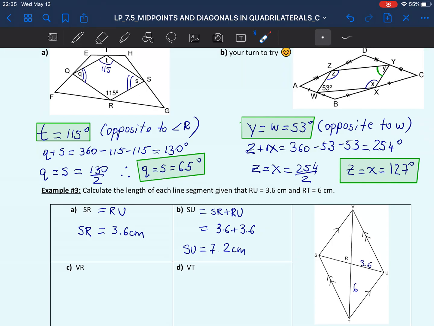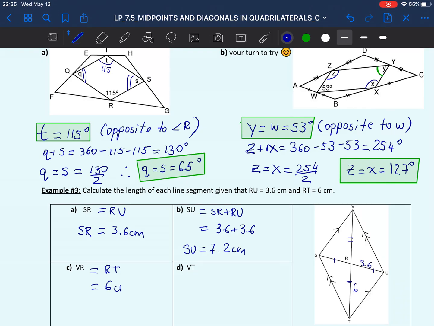Next, VR. What we are given is RT, which is 6. And VR and RT are equal to each other because they are halves of the diagonals of a parallelogram, and the diagonals of a parallelogram always bisect.